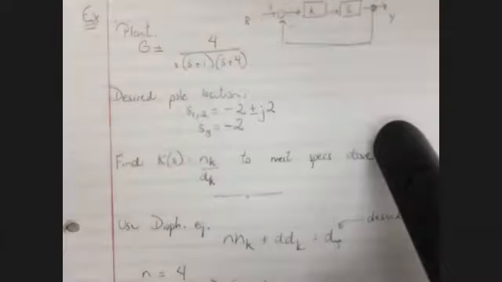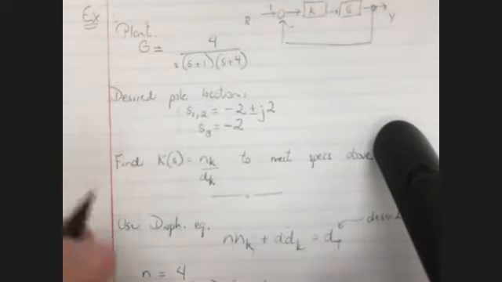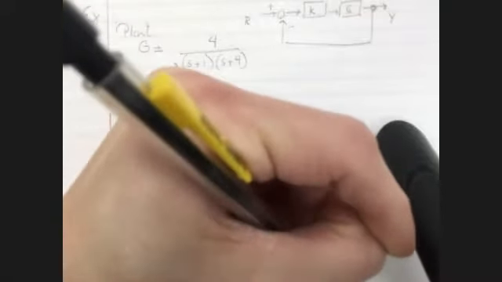We can multiply it out just to have it in a more complete form, easier to do the math. So D, if we multiply it out, and you can confirm, but what I have here is S cubed plus 5S squared plus 4S.